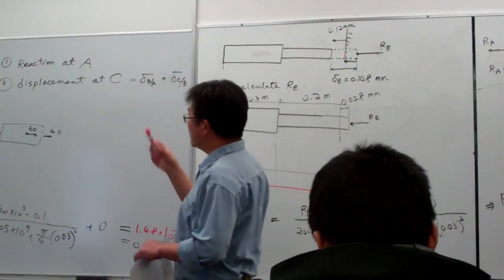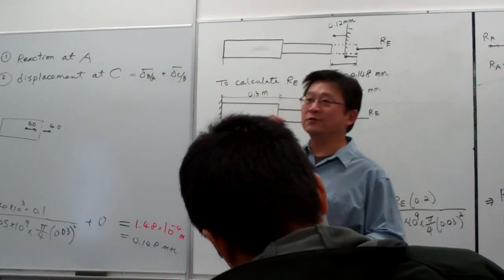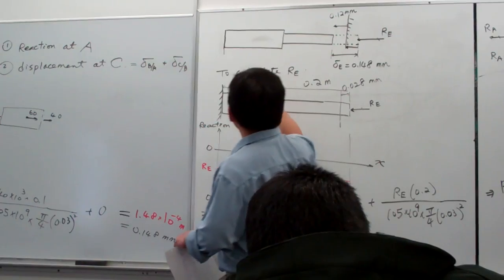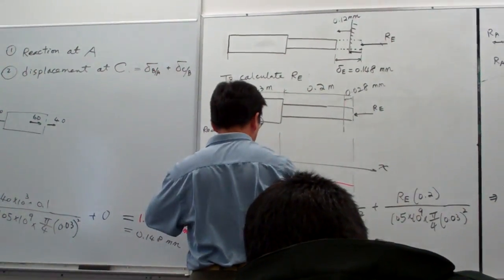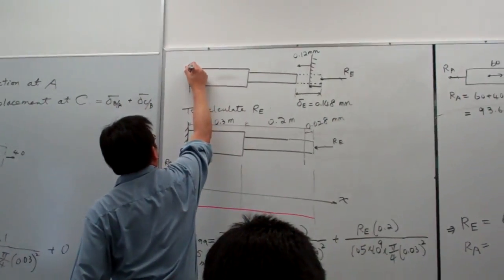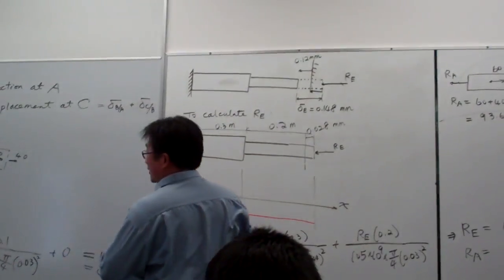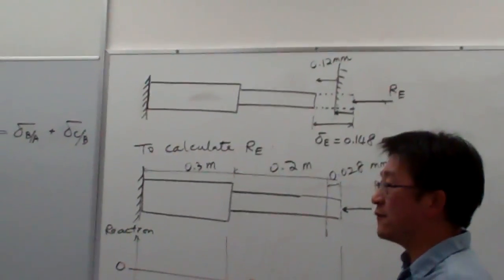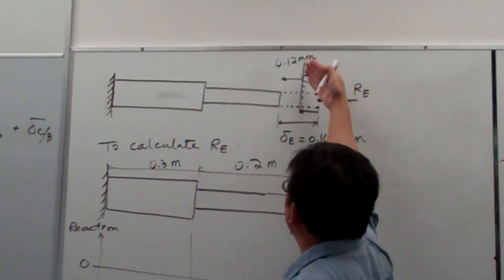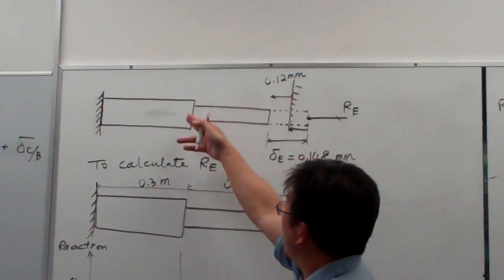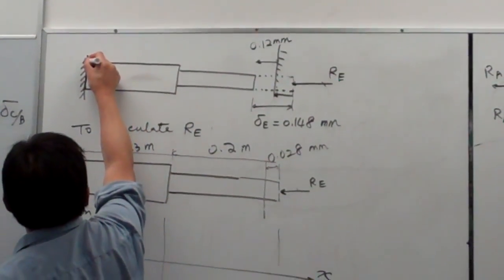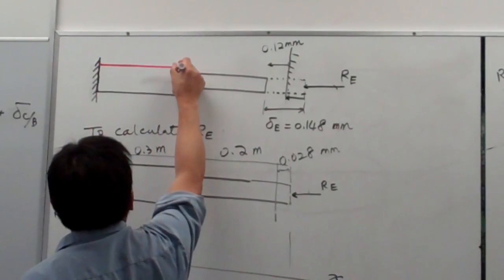Let me use two colors to indicate the combinations, just to help build up your conceptual understanding. Again, the first scenario is this: if there were no constraint here, the whole bar is free to move in that direction, and I use red color to indicate that.